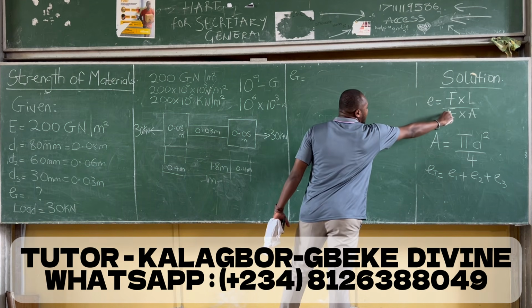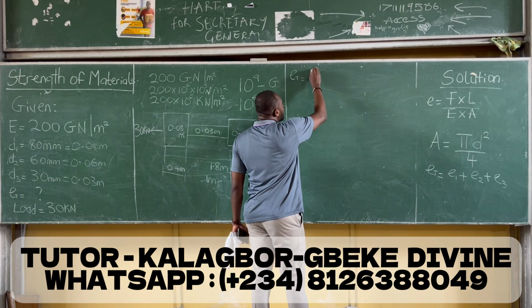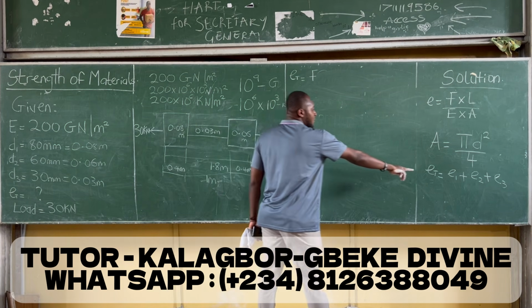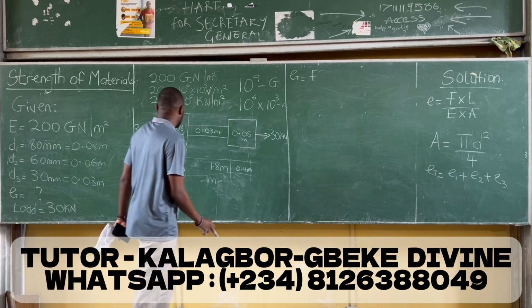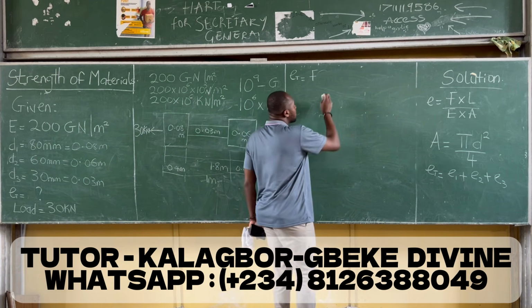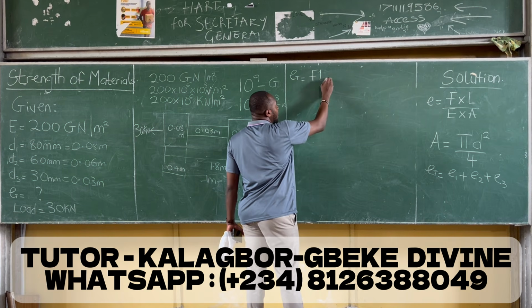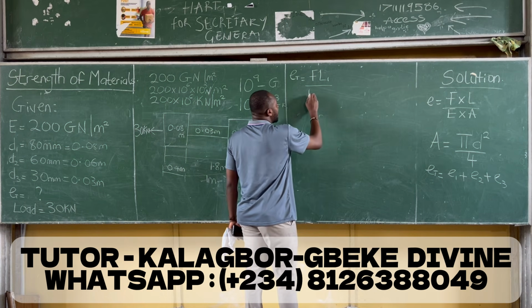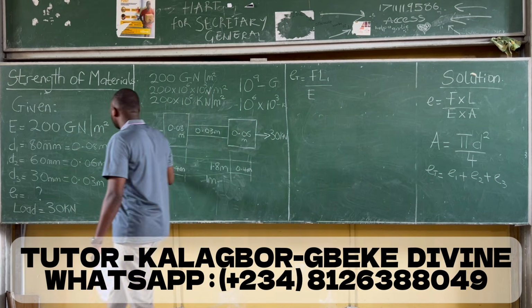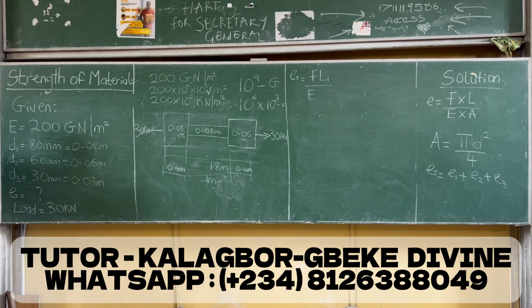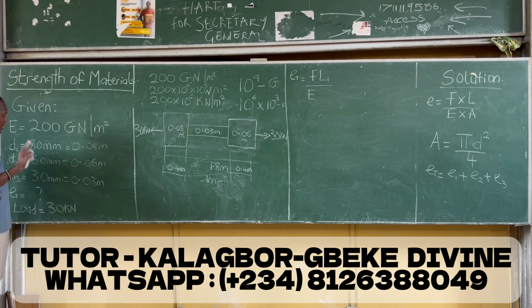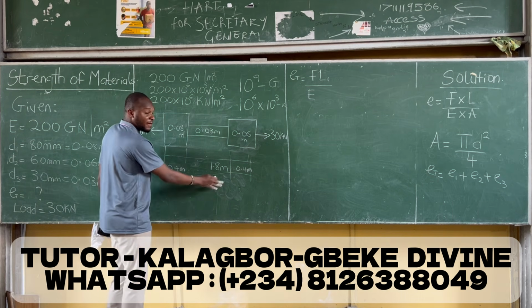Now we'll put this FLEA. But now F is constant. It's the same force that is acting here and here. So it will not change. Now, for E1, the first length is this length. So we'll call it L1, right? So it will now be F times L1 all over E. That's the Young modulus. The Young modulus is also constant. Take note of the constant ones that are not changing. It's just one Young modulus. The force is just one force. But the diameters, they are three. And the lengths, they are also different, right?